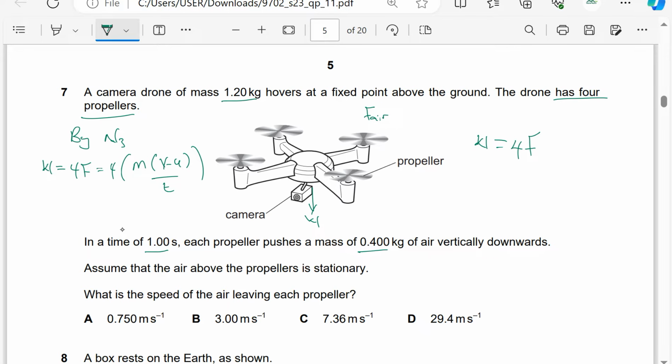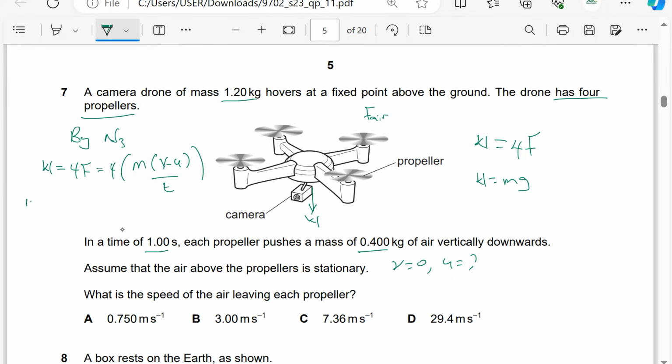I'm going to ignore the minus, but even if I include the minus here, so let's say final velocity is 0, and I want to find the initial velocity of the air leaving the propeller. The weight, remember, is equal to mg.